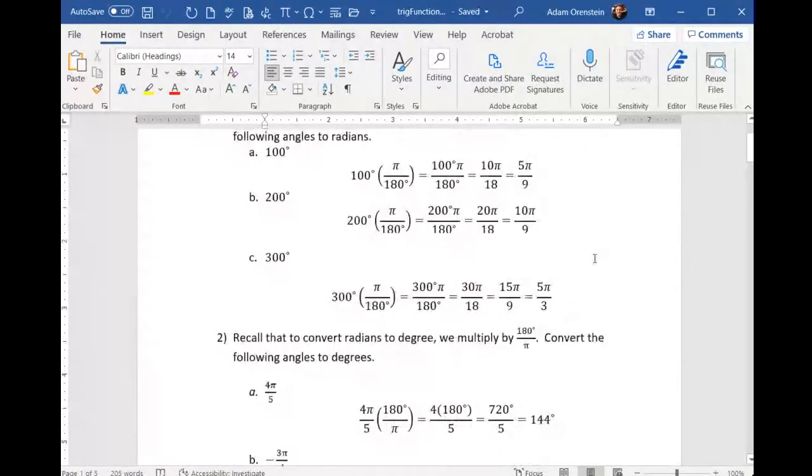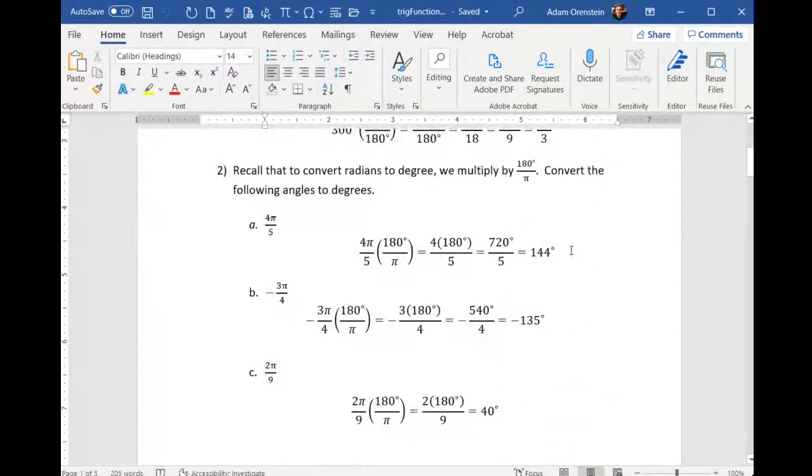All right, so for this one, to go from radians to degrees, you basically multiply by 180 degrees over pi. And again, the pi's are generally not going to be in your answer. For instance, here we have 4 pi over 5 times 180 degrees over pi.